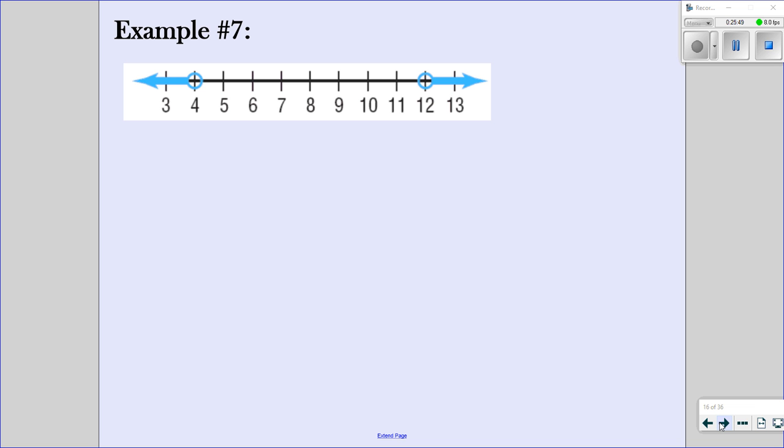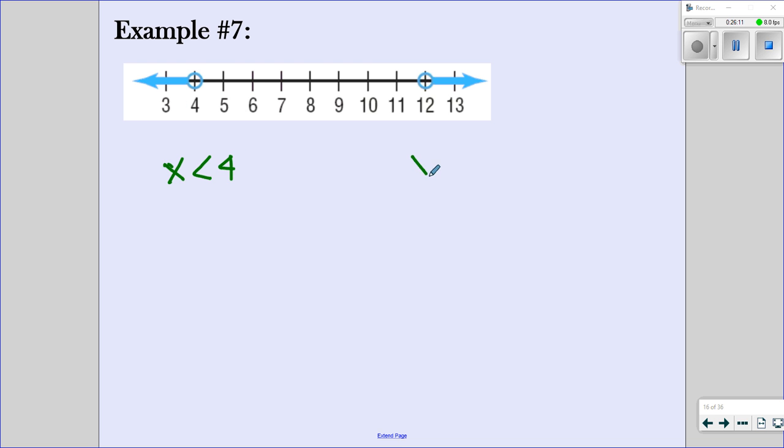So the next one, we're going to write an absolute value inequality statement. So we have this one as open. I'm going to choose x for my variable. So it's x is less than 4.